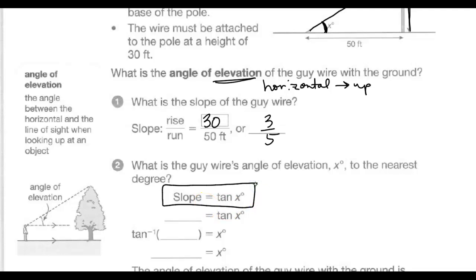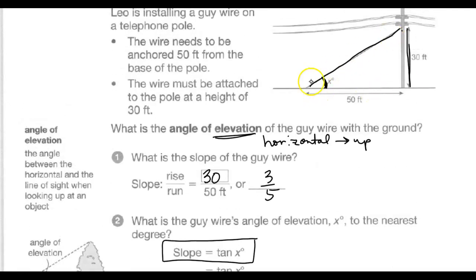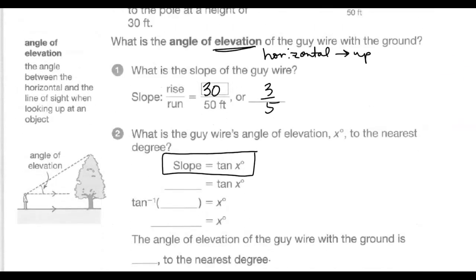The slope of the hypotenuse of that right triangle, that line of sight here, or the guy wire here, is going to be the same as the tangent ratio for whatever angle is formed there. So just be aware of that. And so the slope we've already figured was 3/5.